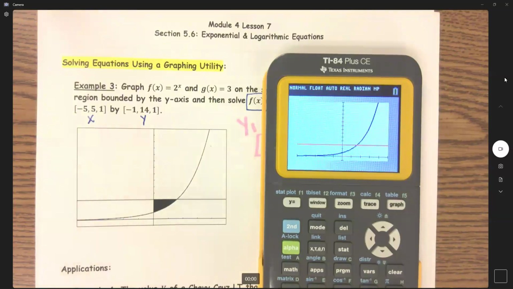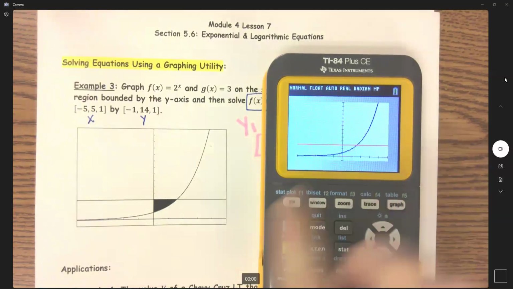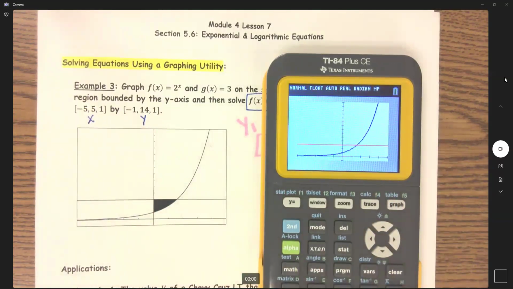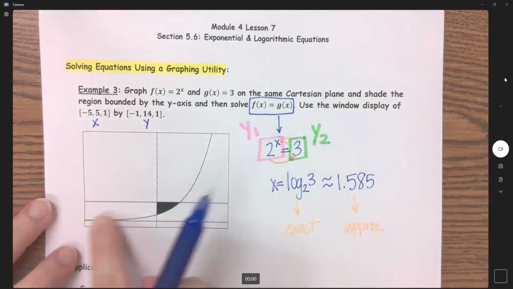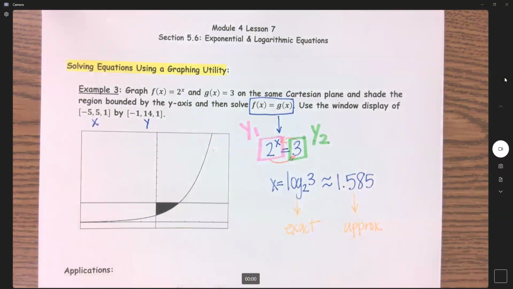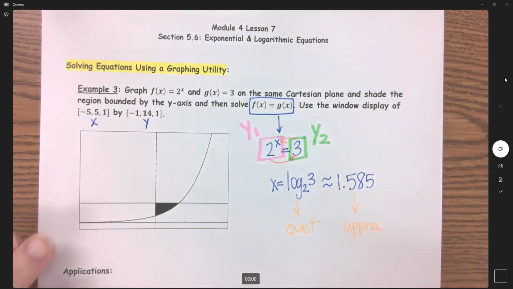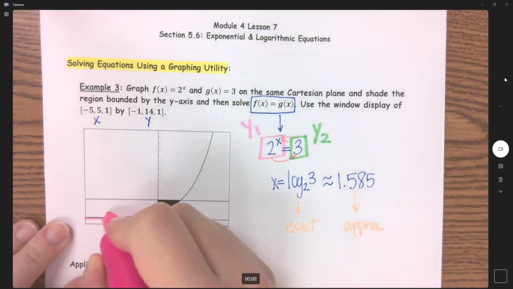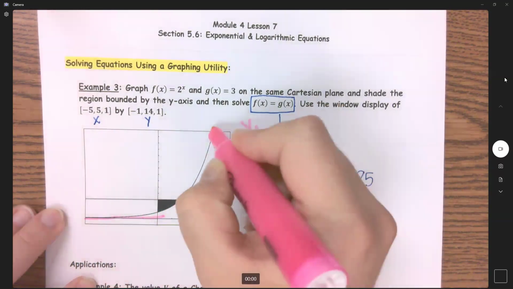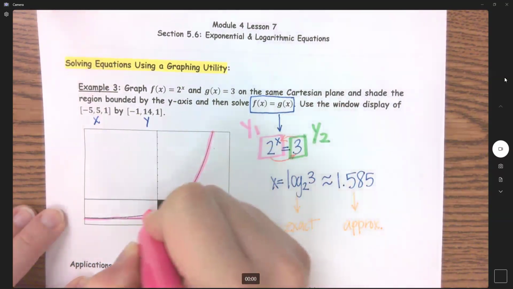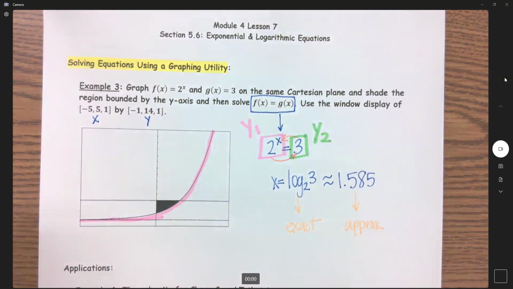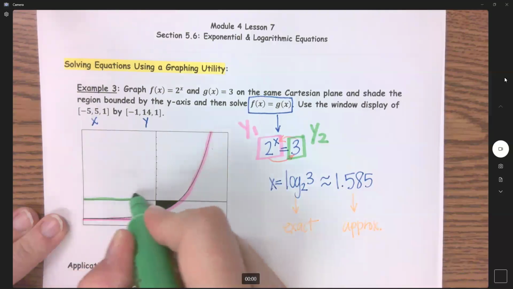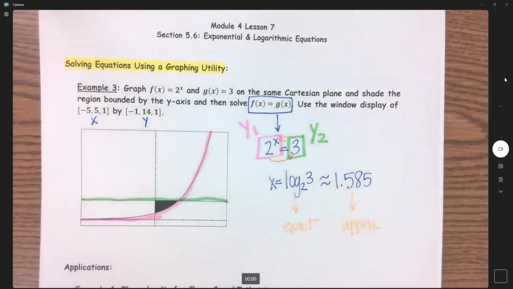And there's my graph. Now again, that little middle part is shaded. I don't know how to shade it, but there's our graph. So what we are finding here is where this intersection point is. So here is my 2 to the x, and here is my equation of y equals 3.